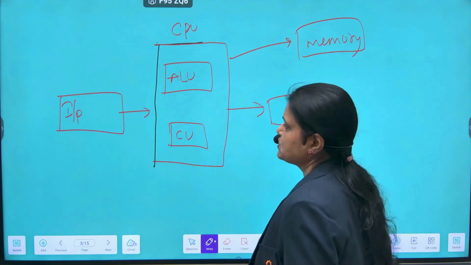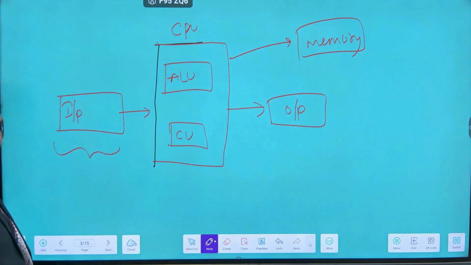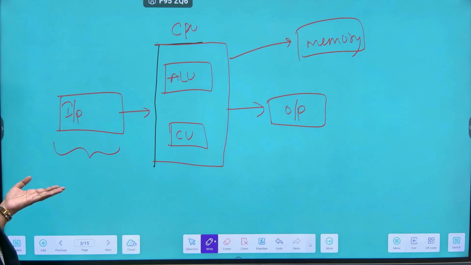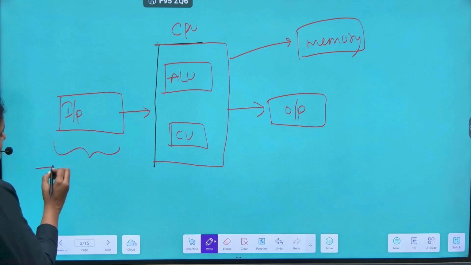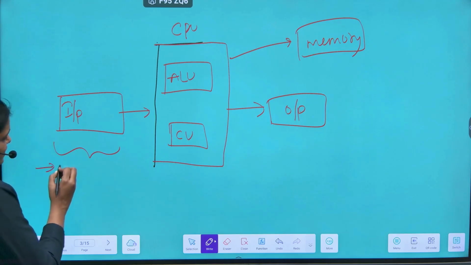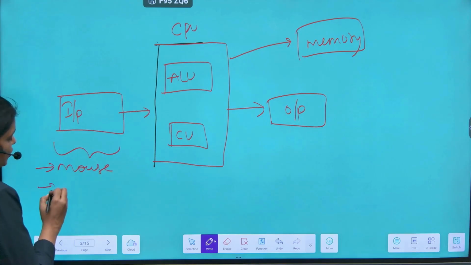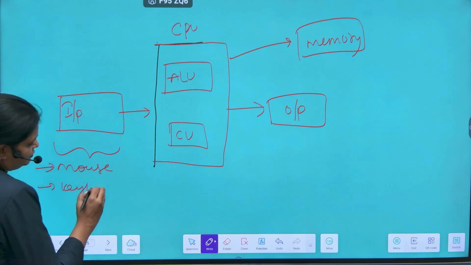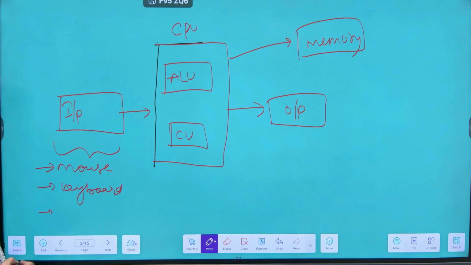So what are input devices? Whatever information I want to give to the computer, I give in the form of instructions, that is, a program. For giving those instructions, I require input devices. Some of the input devices that we use are mouse and keyboard.